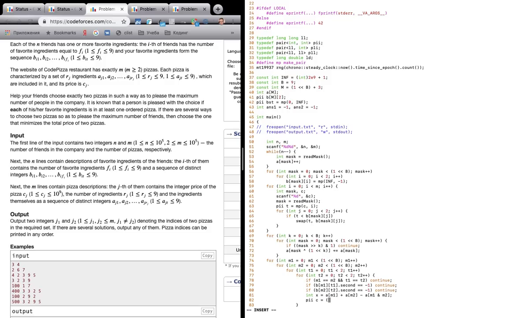So we want to maximize the number of good masks and then minimize the cost. So we'll make it like this. Get the second, so we can just use this.